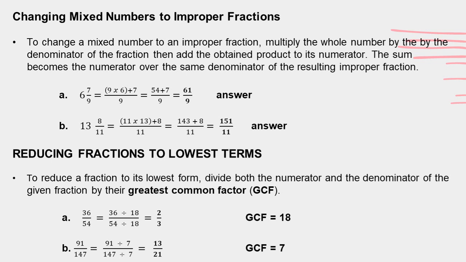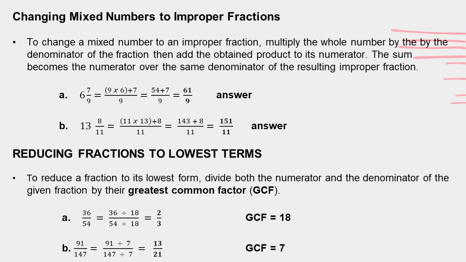Kasi po, kapag dinivide po natin yan, wala po kayong makukuha na may decimal. Automatic, whole number lang po yan. So, si 7 ang ginamit natin para i-divide ang both numerator and denominator.